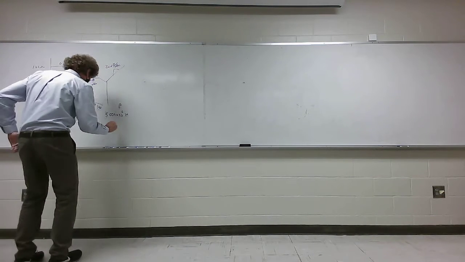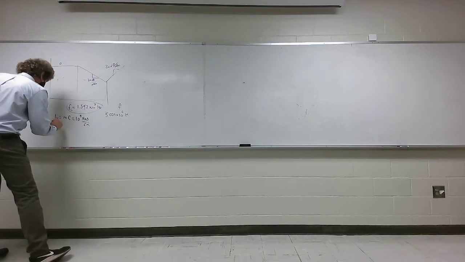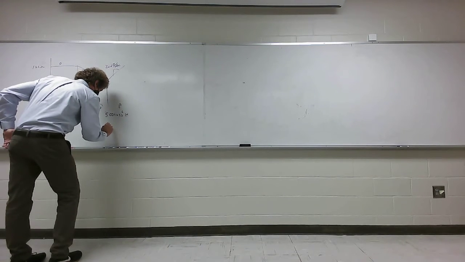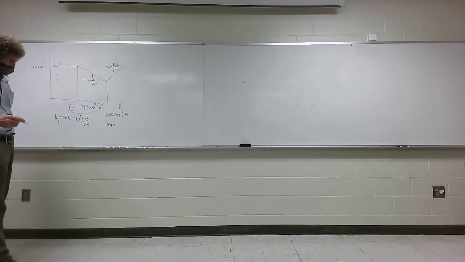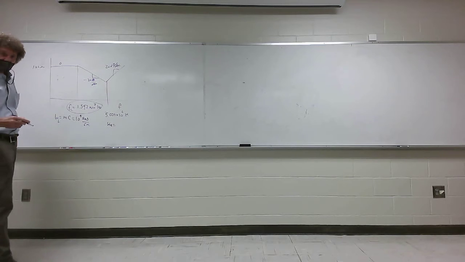What about this one? That would be omega low, and this is omega self-resonance. Just 2 pi times that, 31.6 times 10 to the 6. Is that right, class?